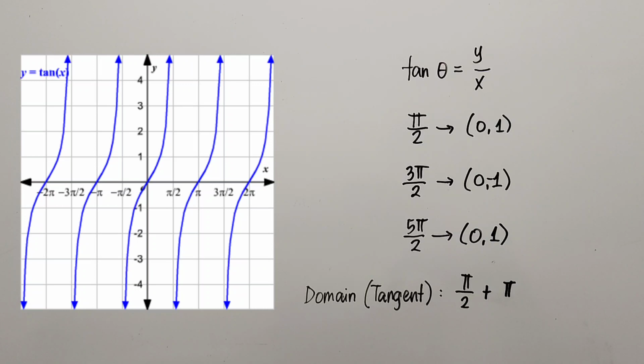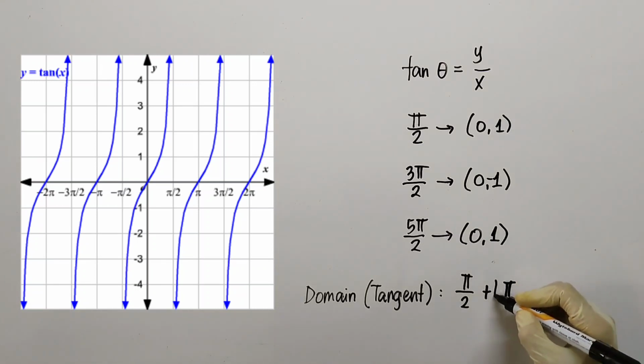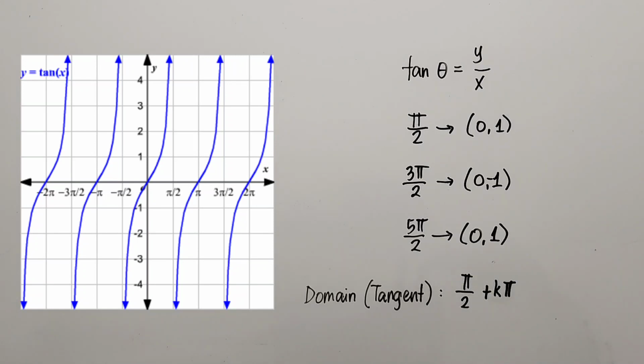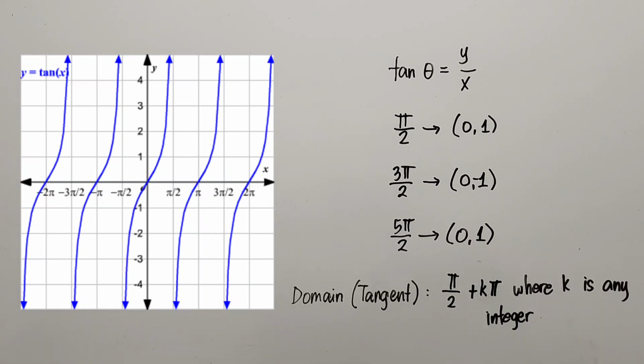And we will assume all those numerical multiples of pi as k. So what is this k? This k is any integer. It could be a positive integer or a negative integer. This is the restriction of our domain for the tangent function.